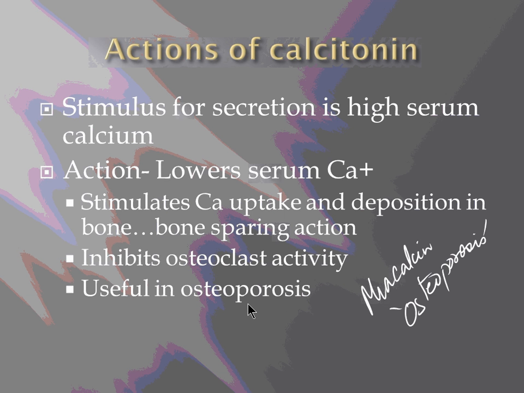It is said that normally the amount of calcitonin produced in humans is very little, because our calcium levels are kept pretty normal. So very rarely do you see too much of this hormone being produced. That's why it finds its use in cases of osteoporosis. Not everybody can take it, but in some cases we can use it.